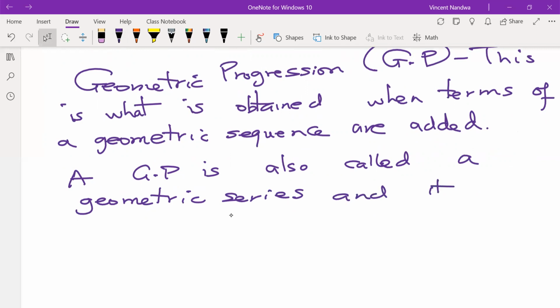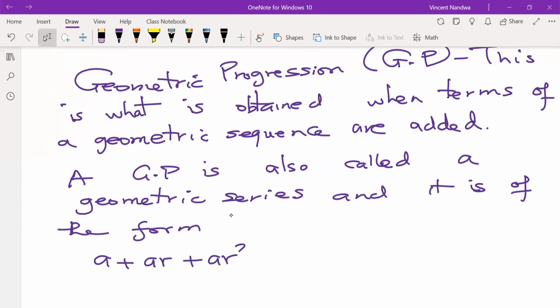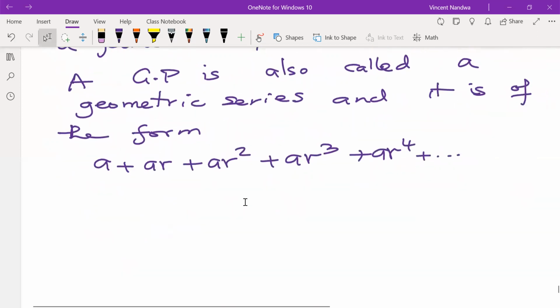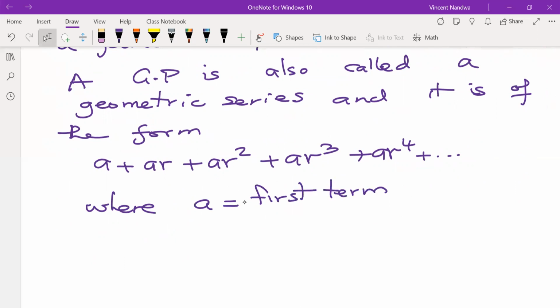And it is of the form A plus AR plus AR squared plus AR cubed plus AR power 4 plus other several terms. Where, as usual, A is the first term, R is the common ratio, not common difference, common ratio.